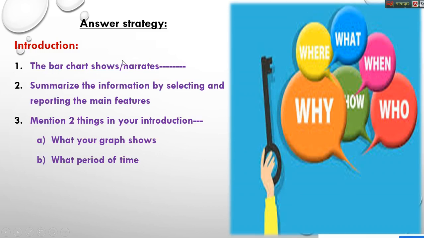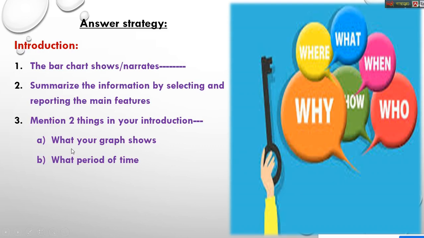You will be given a bar chart, and you will just start with the very sentence, that is, the bar chart shows or narrates, blah blah blah. And then summarize the information by selecting and reporting the main features. Of course, you have to recollect in your memory, you have to summarize what is going on, what features are given in the charts.